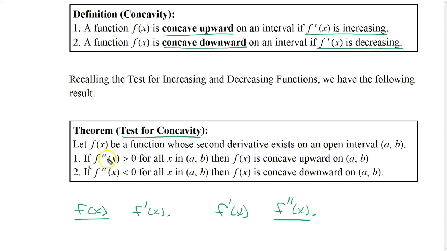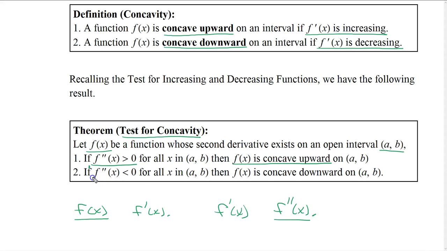So our test for concavity goes like this. Let f of x be a function whose second derivative exists on an open interval. If the second derivative is positive on that interval, then f of x is concave upward. In other words, this means the first derivative is increasing, and that means our original function is concave up.